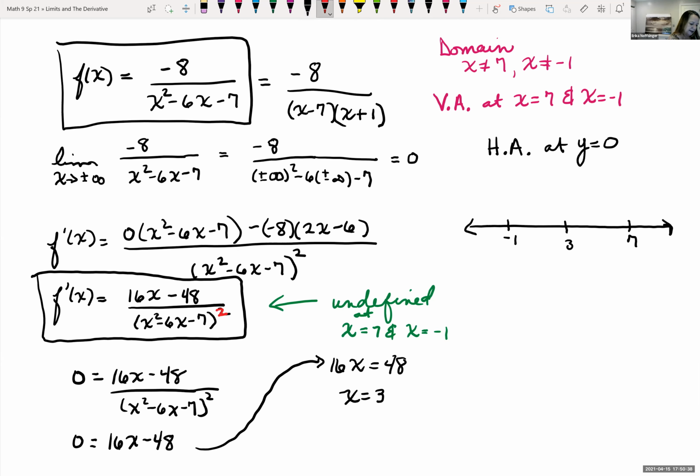So let's say we plugged in x equals -2. So f prime of -2. Well, -2 times 16, that's negative, minus 48 is negative. So this is a negative number all over a positive number. So this is less than 0. So we know it's decreasing.